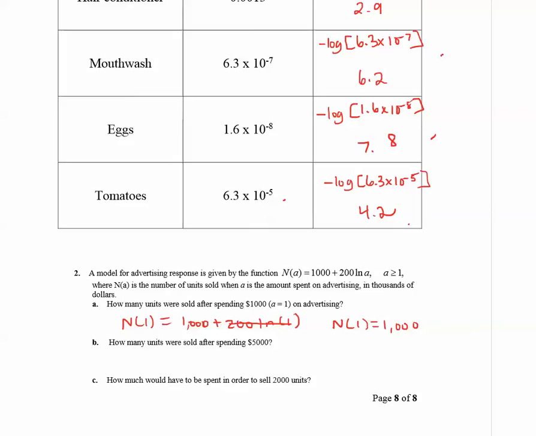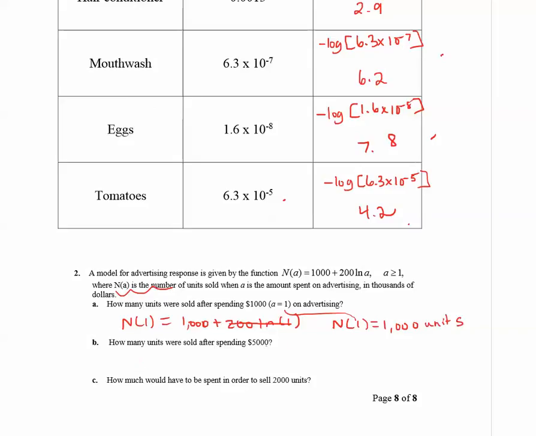And just remember that N of A is the number of units that are sold. So this answer tells me that when I spend $1,000, which would be A equals 1, I am going to sell 1,000 units.